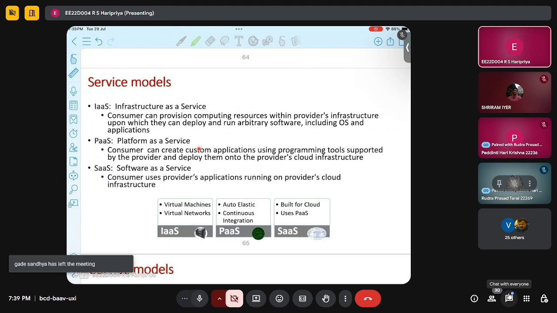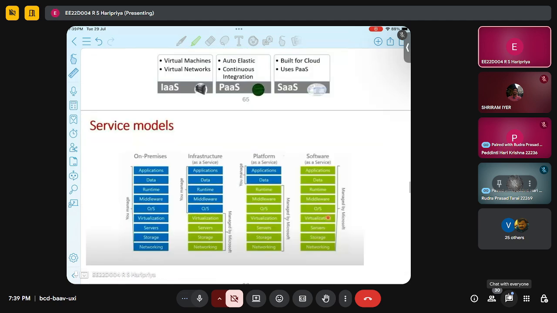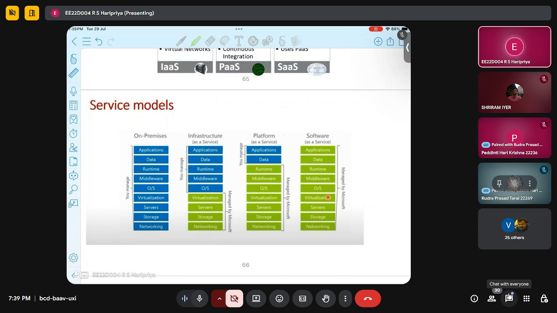In infrastructure as a service, we can manage the application, data, runtime, middleware, and operating system, and we don't have access to virtualization, server, storage, and networking. Whereas at the platform level, only application and data are accessible. And when we get software, it is as a service alone, and we cannot access the entire stack.